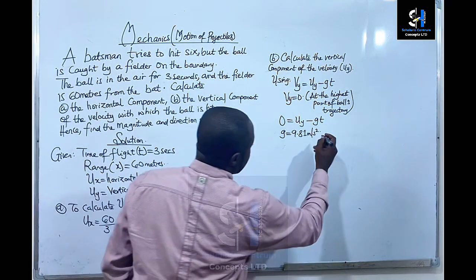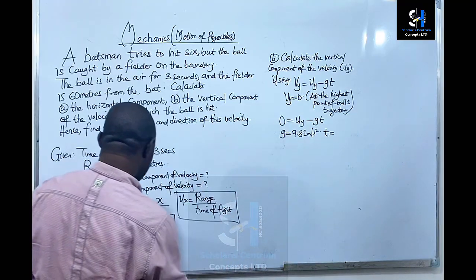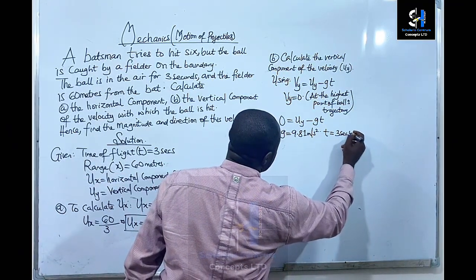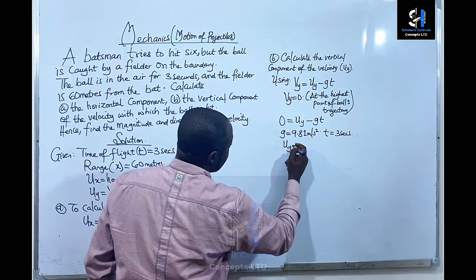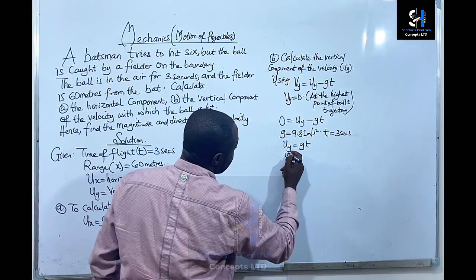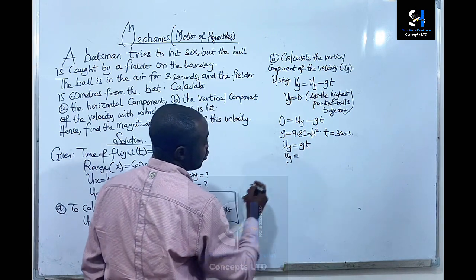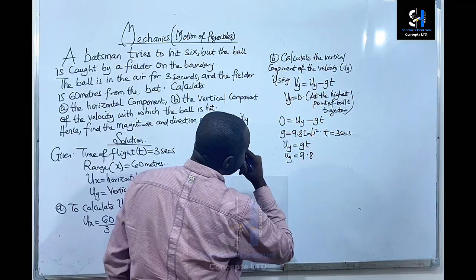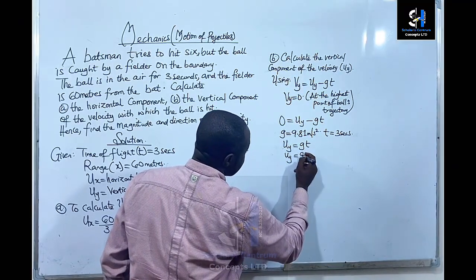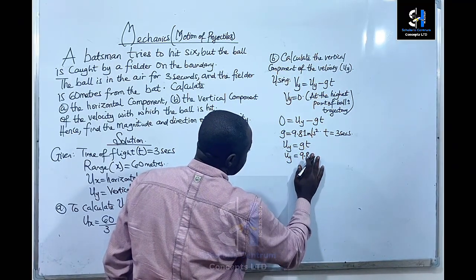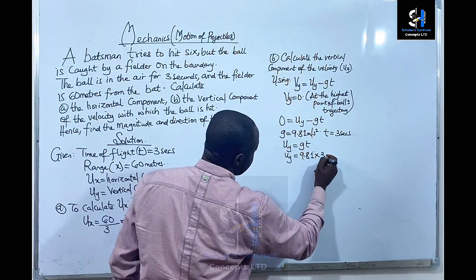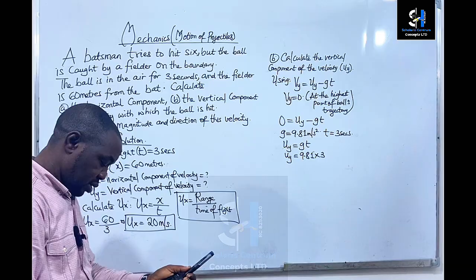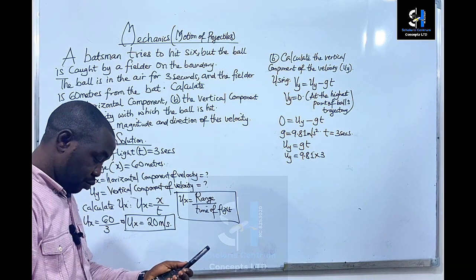Now, we're given the time of flight to be 3 seconds. So Uy will be equal to gt, which is 9.81 multiplied by 3.